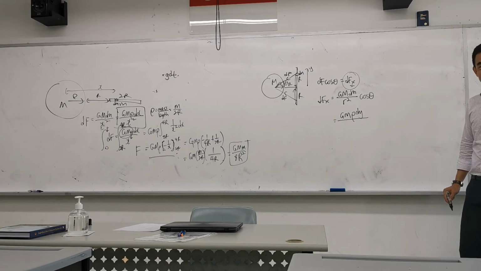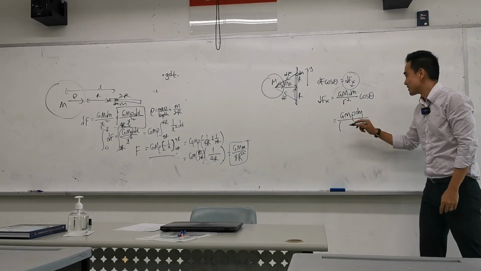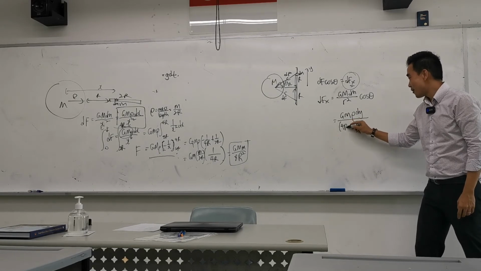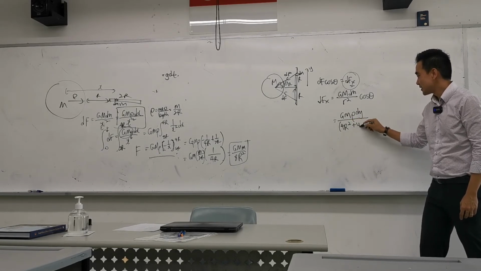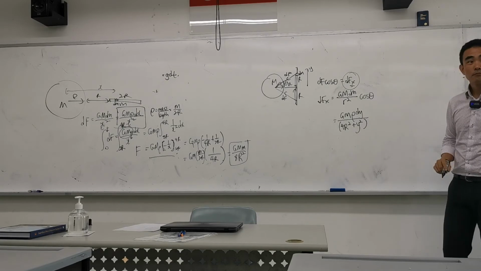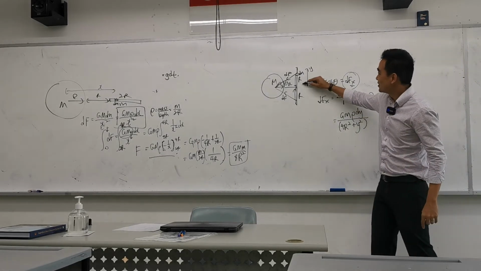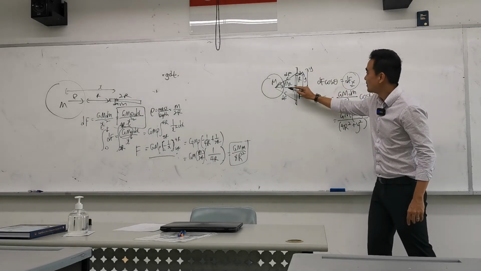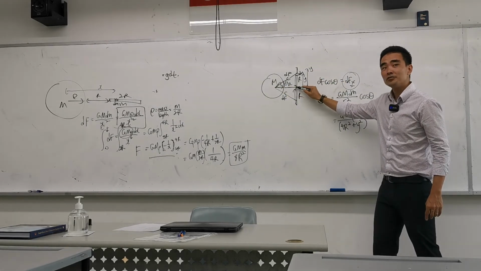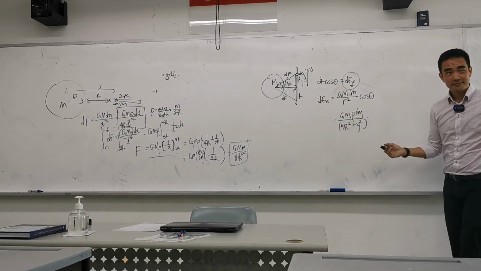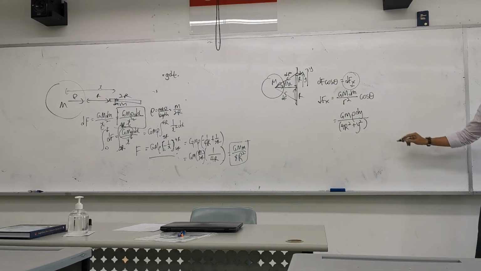Okay, now here comes the fun. Do you agree that r squared is equal to 2r squared plus y squared? Pythagoras. Relax, before your jaw drops to the ground. If I call this y, and this is 2r, this will be 2r squared plus y squared. Pythagoras.